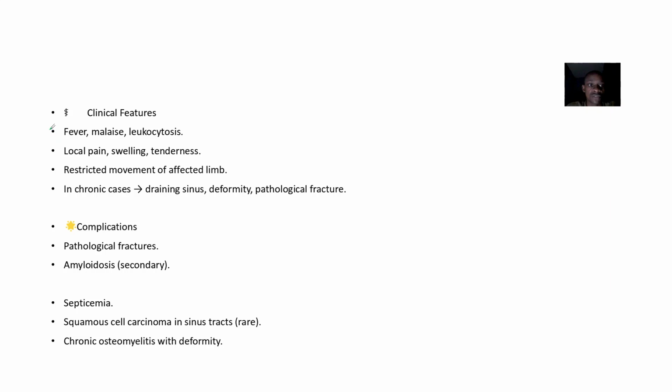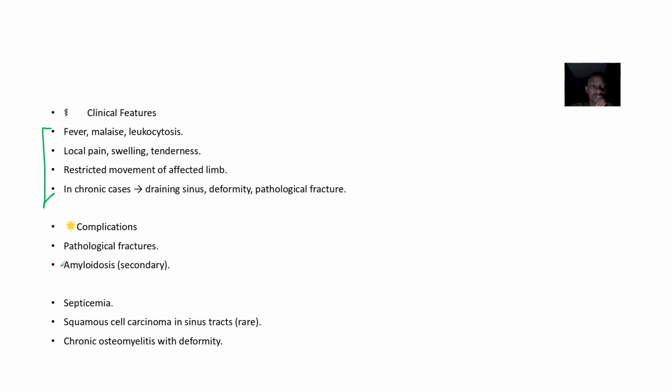So issues that you can actually get where you have pyogenic osteomyelitis include things like fever, malaise, leukocytosis, local pain, swelling, tenderness, right? Then of course you're not actually using that limb like you used to use it before.